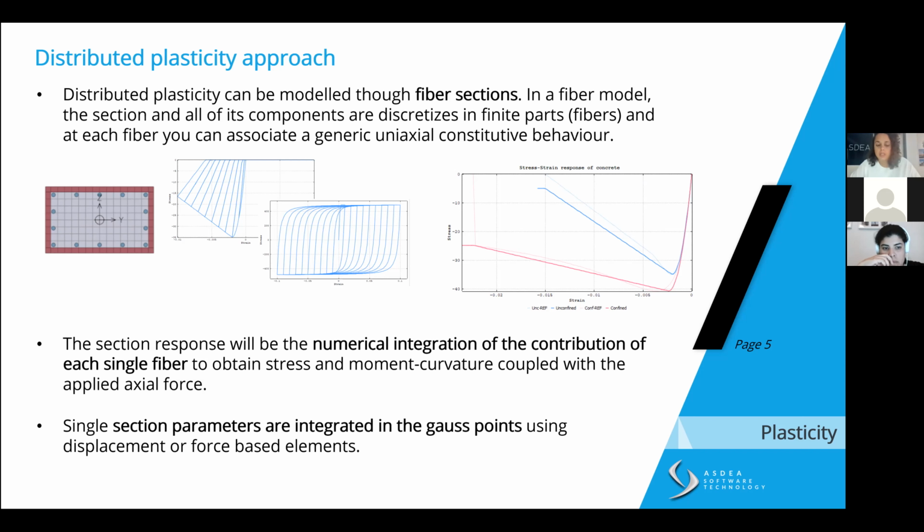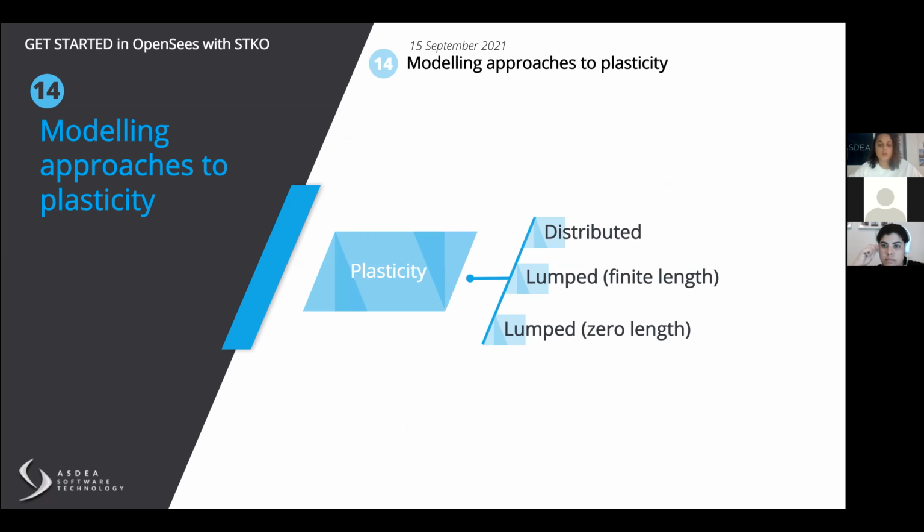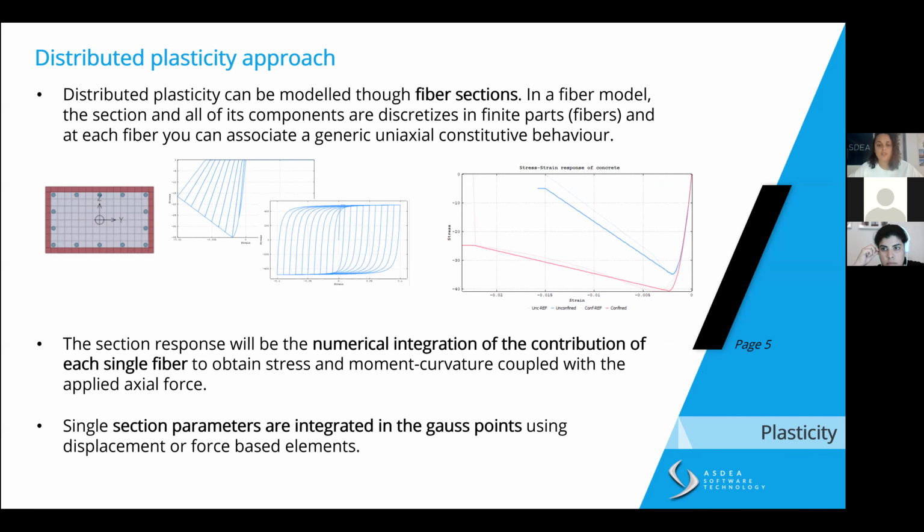We talked about displacement-based and force-based elements in, I don't remember which week it was, maybe week 6, when we talked about element properties. If you want to go back and check out the difference between these types of elements, these two topics are quite related. But we're not going to discuss that again because we already talked about displacement and force-based columns a lot. Today is just plasticity approaches.